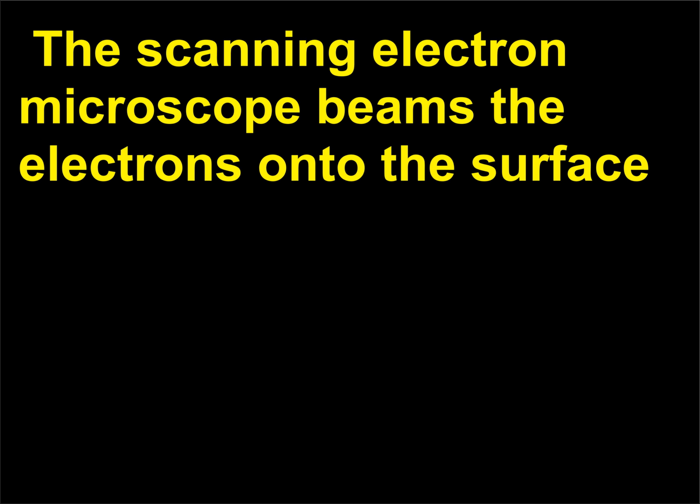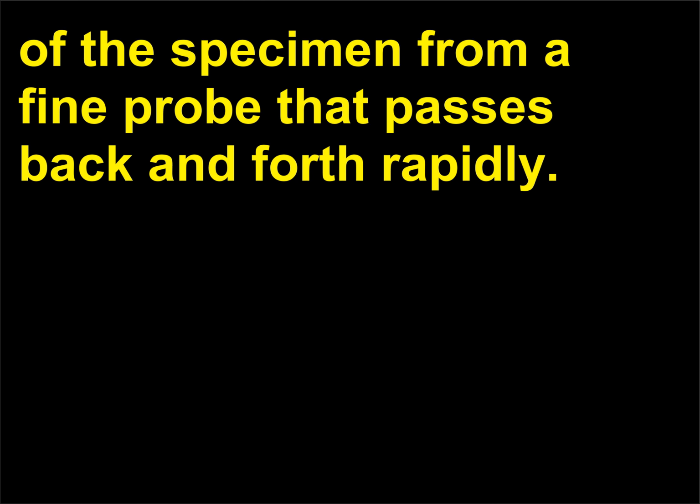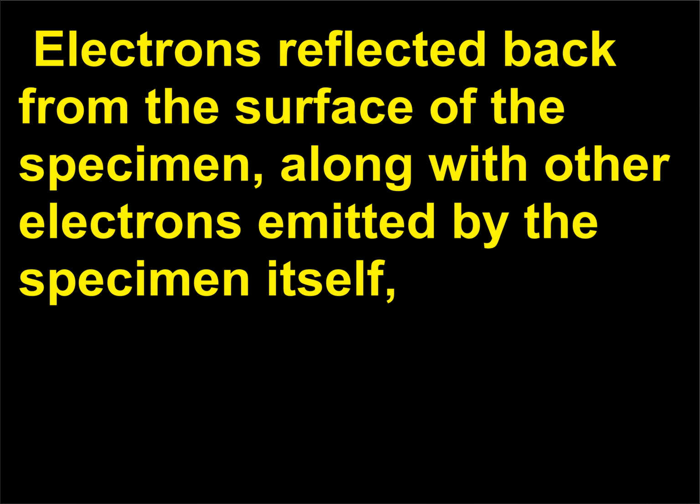The scanning electron microscope beams the electrons onto the surface of the specimen from a fine probe that passes back and forth rapidly. Electrons reflected back from the surface of the specimen, along with other electrons emitted by the specimen itself, are amplified and transmitted to a television screen for viewing.